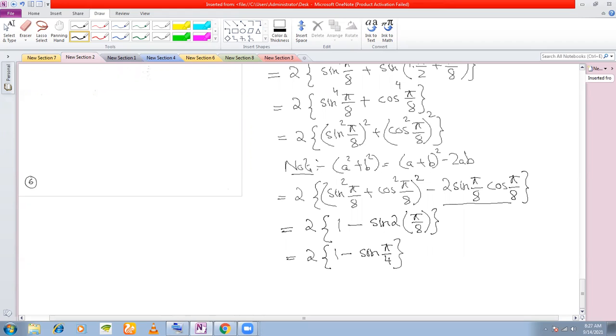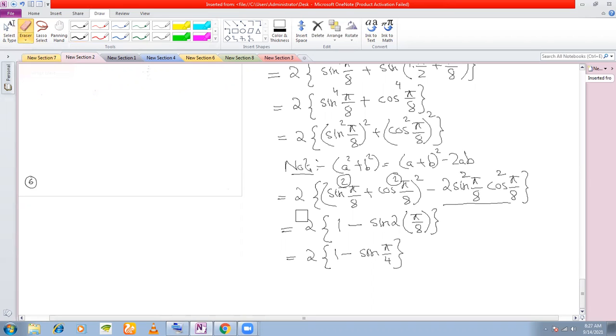Okay, I have forgotten the square here. This a was a square, right? And a was sine square pi by 8, b was cos square pi by 8. So this should be a square here also.